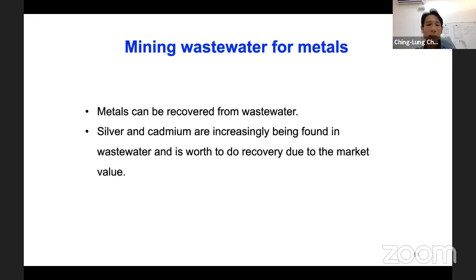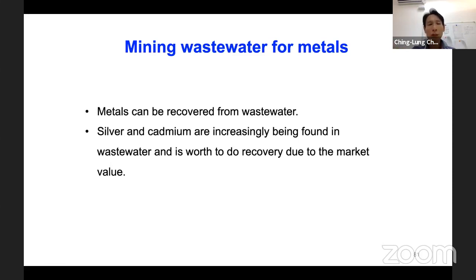And this is the mining wastewater for the metal. The metal can be recovered from the wastewater. As I mentioned earlier, in the past we tried to remove the heavy metal from the wastewater, but actually the heavy metal is still there.